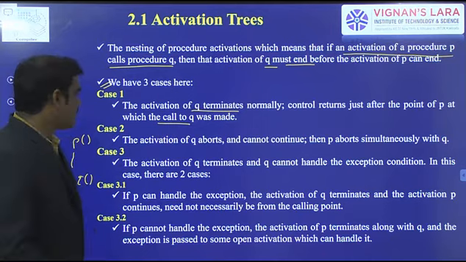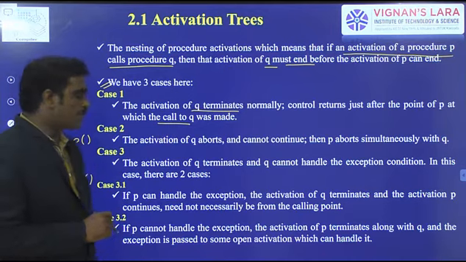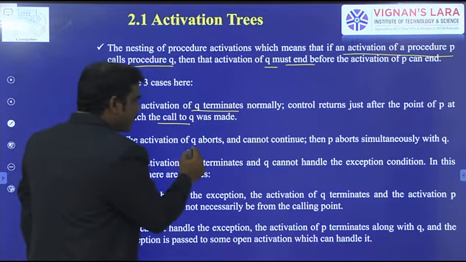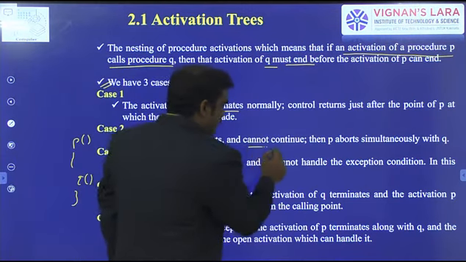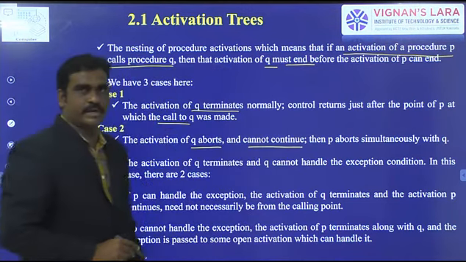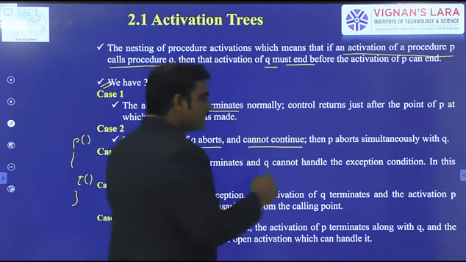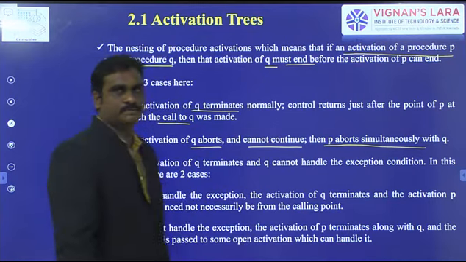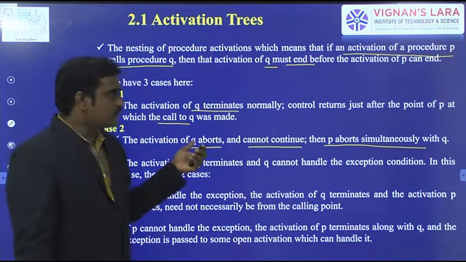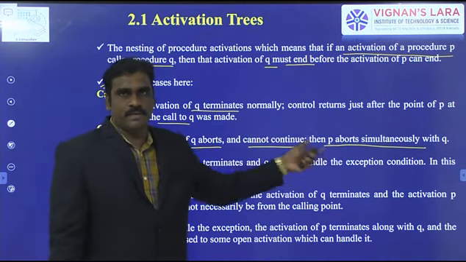The second case is, suppose the activation of Q occurs and cannot continue. Then at that time P also fails simultaneously with Q. Once Q fails, automatically P also fails.